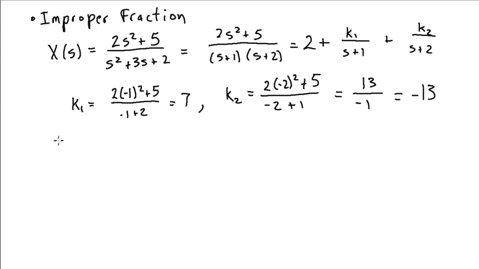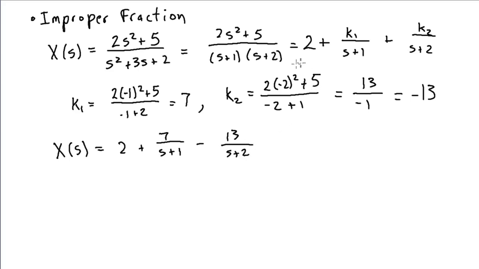And so my partial fraction expansion of X of s is 2 plus 7 over s plus 1 minus 13 over s plus 2.